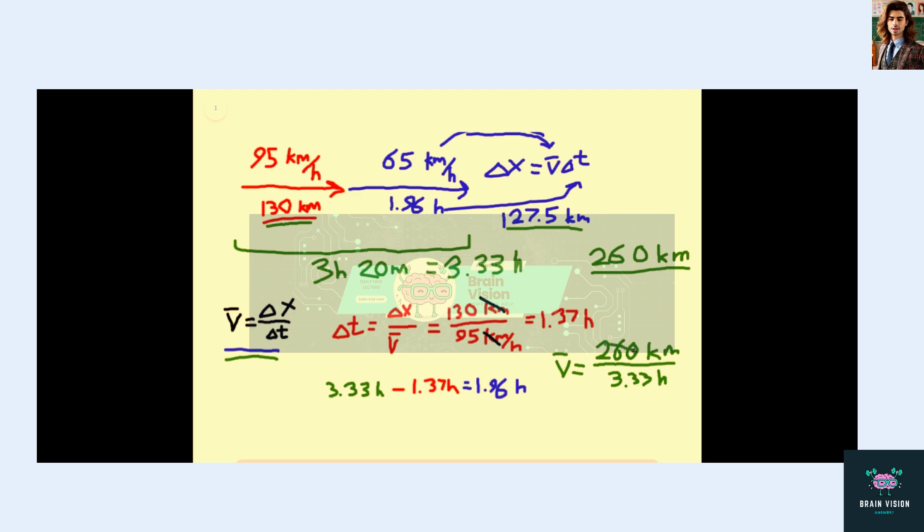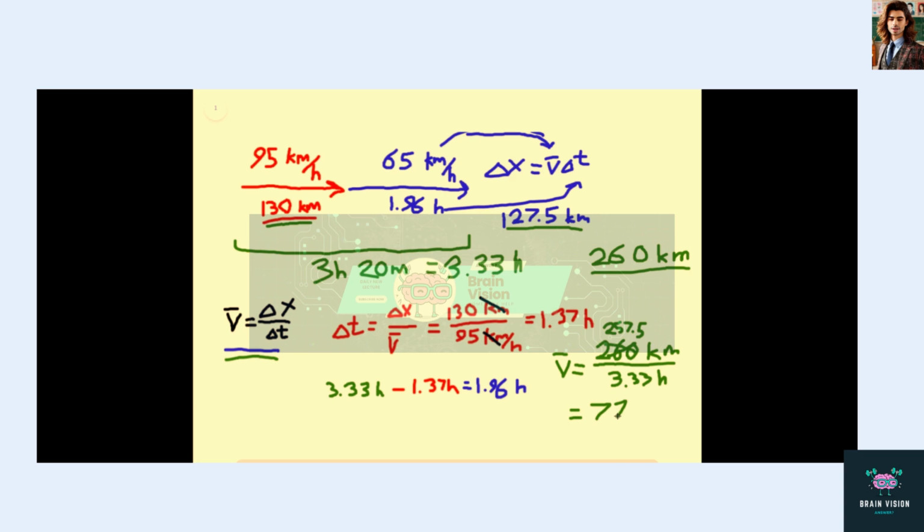Or actually, sorry, what we really should be doing here, we rounded to 260, but you should put in the more accurate numerical value that we had from adding 130 kilometers and 127.5 kilometers, again, to avoid rounding errors. But now you divide this. Now you report your answer to two significant figures.